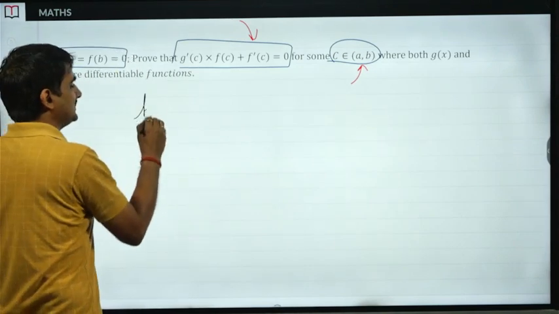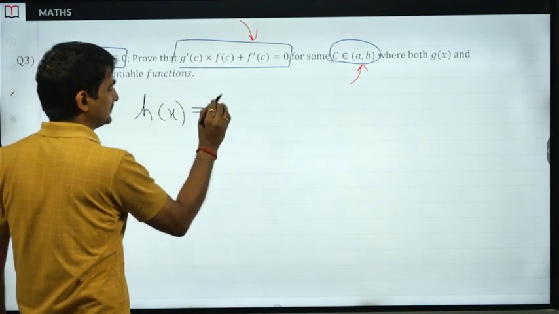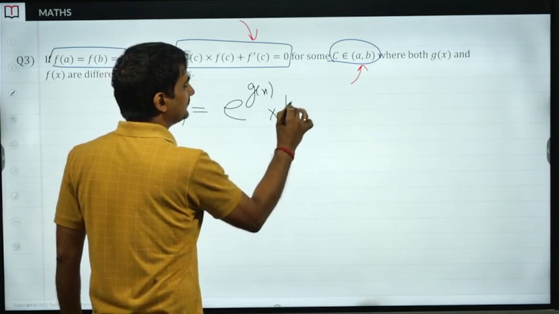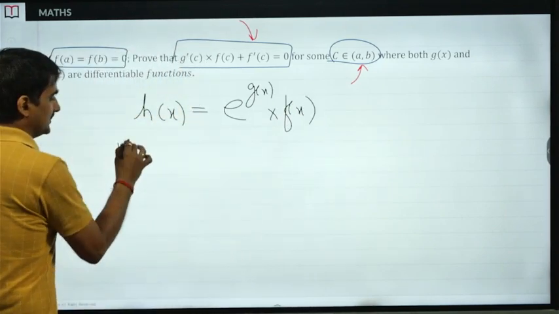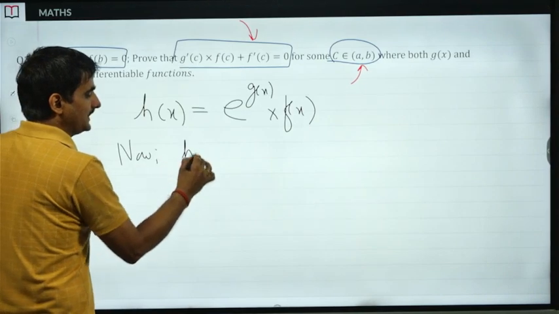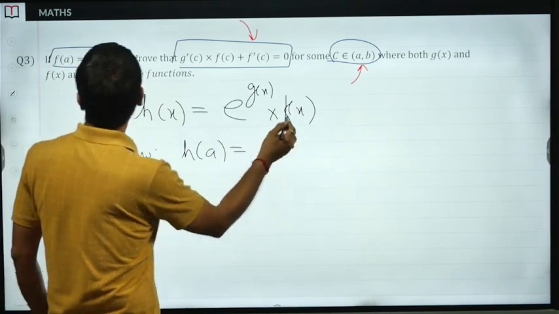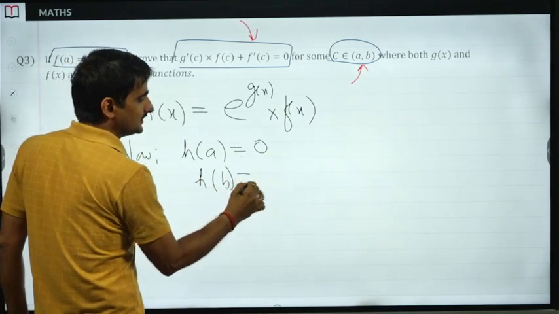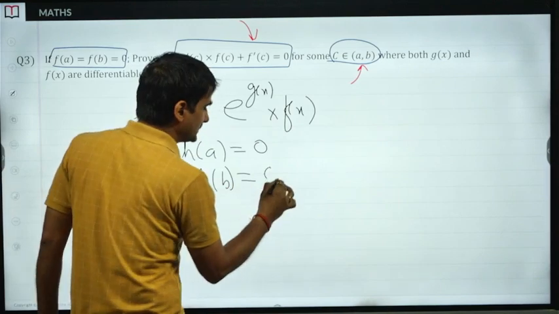So I will say, let us consider a function h(x), which is e raised to the power g(x) into f(x). Now see, h(a) is this into f(a), which is 0. h(b), since you have f(b) in multiplication, is 0.